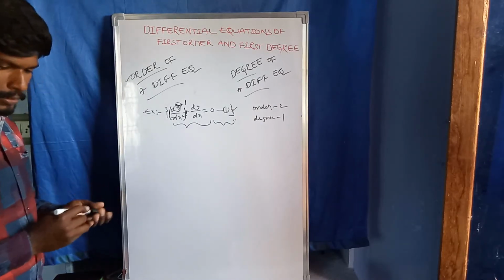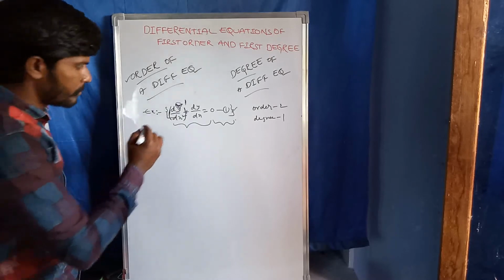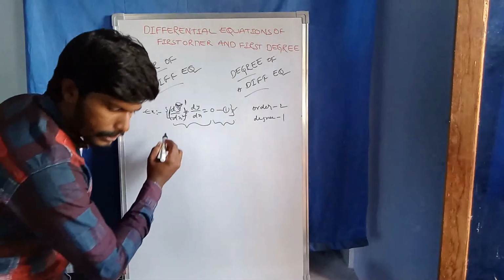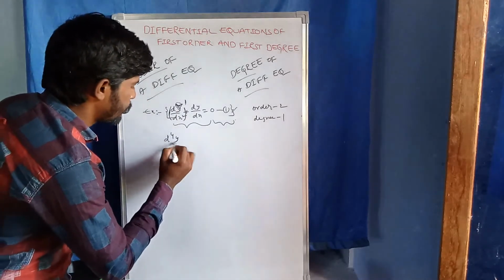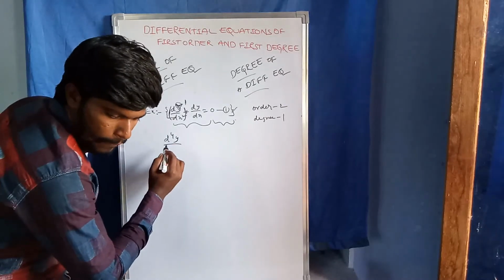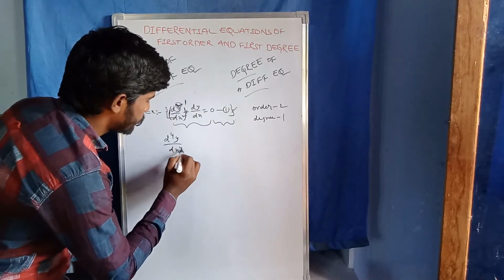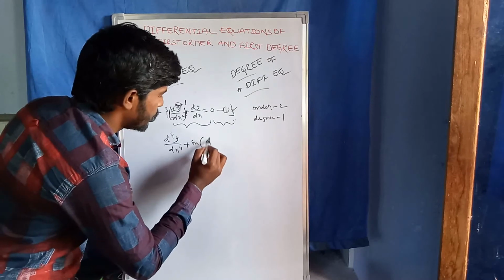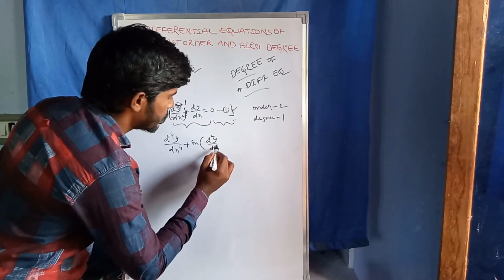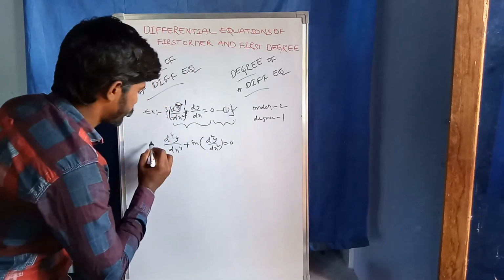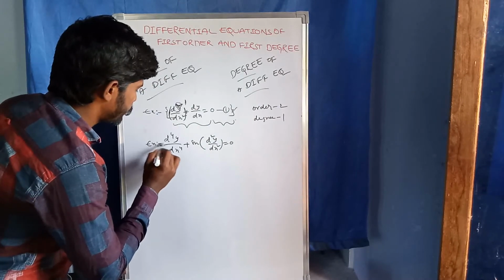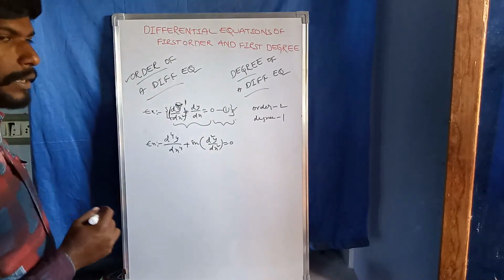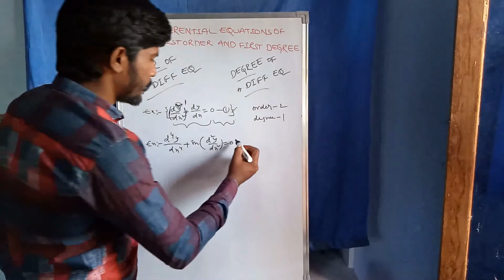Some examples. First example. d power 4 y by dx power 4 plus sin of d square y by dx square is equal to 0. Find the order and degree of the differential equation.